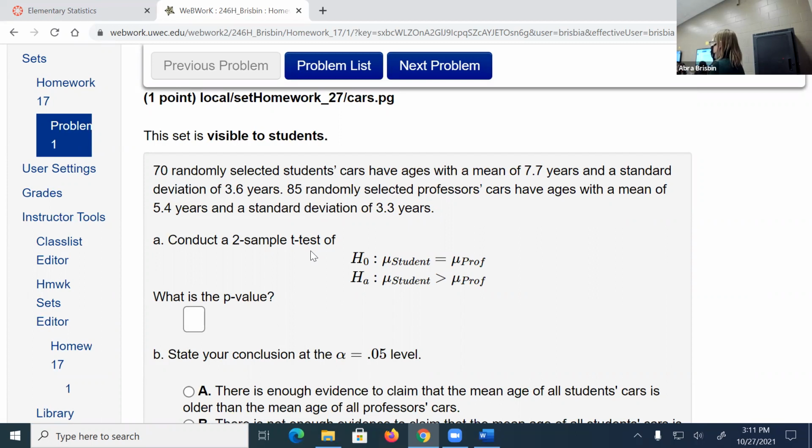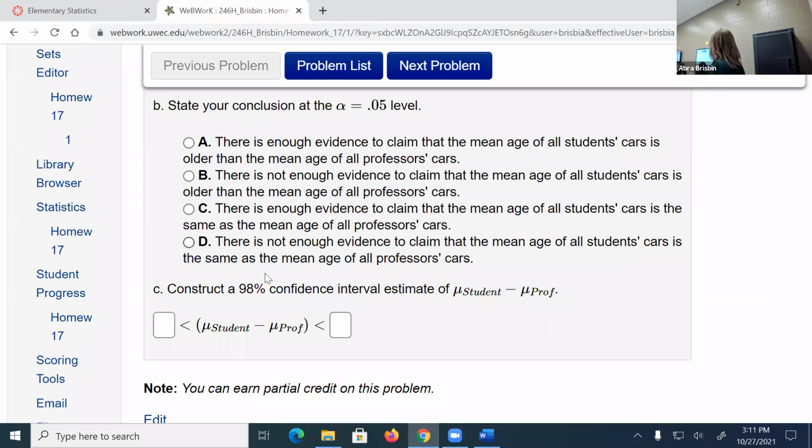And we also talked about doing theory-based confidence intervals to compare two means. So here, we're being asked to find a 98% confidence interval for the difference in means of the ages of students' cars minus the mean of professors' cars.